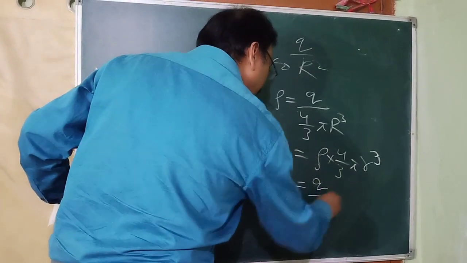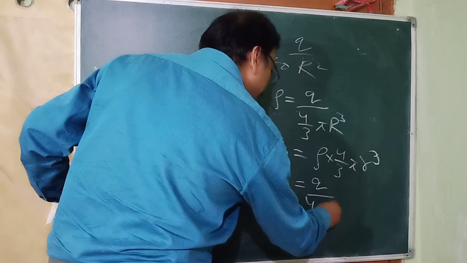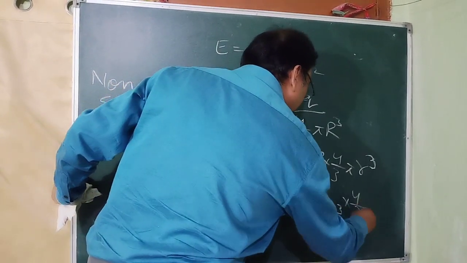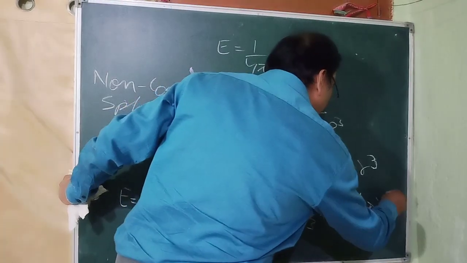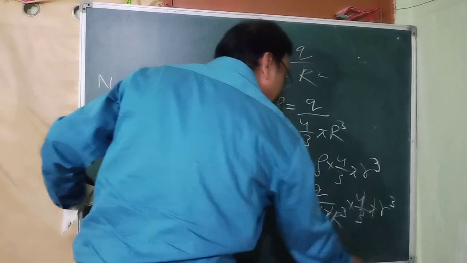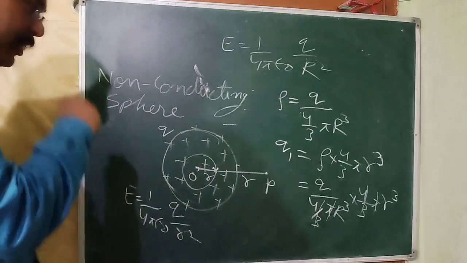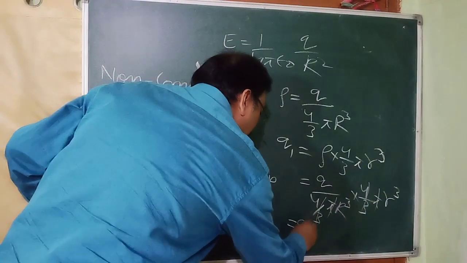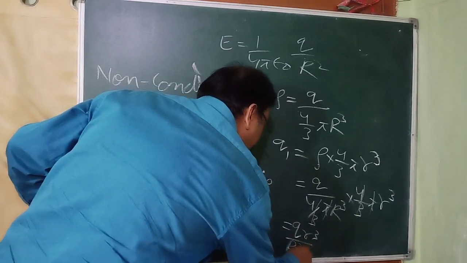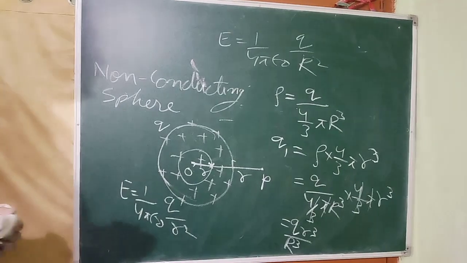Q upon 4 by 3 pi R cube into 4 by 3 pi small r cube. So 4 by 3 cancels out, pi cancels out. We have got Q small r cube by capital R cube. This much charge is enclosed in that.